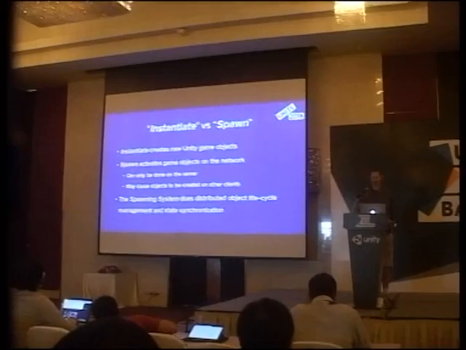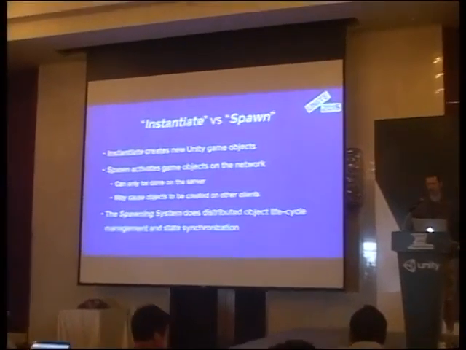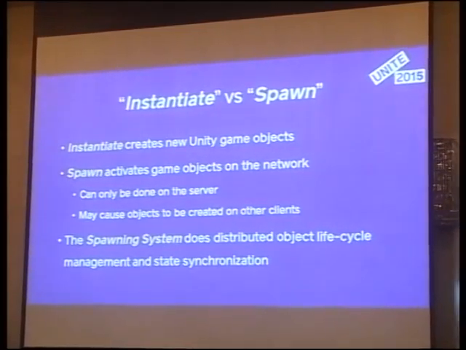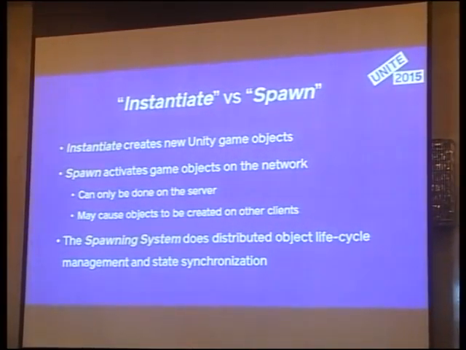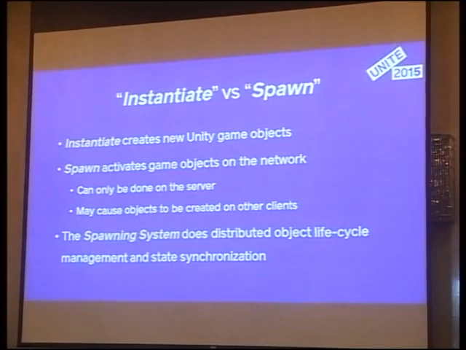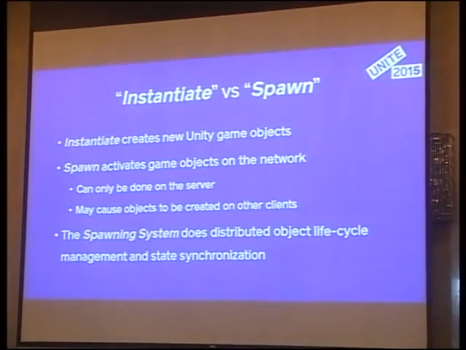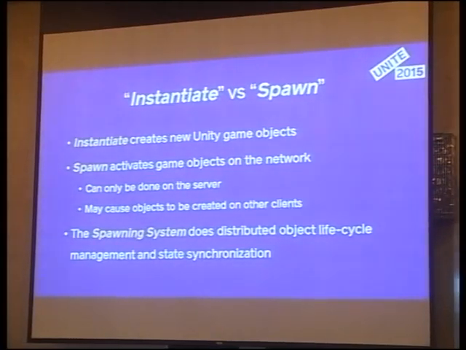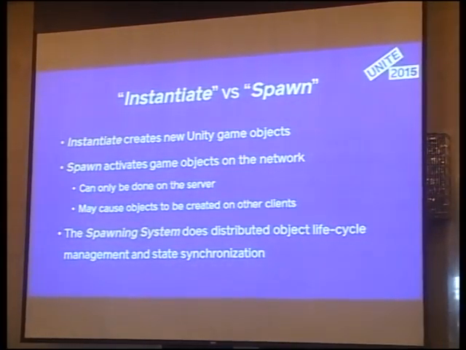So in Unity, the words instantiate and spawn are usually used to mean the same thing. In the networking system, we use these words slightly differently. Instantiate is an actual API call, and it means to create a new Unity game object. So gameObject.instantiate creates a new object.